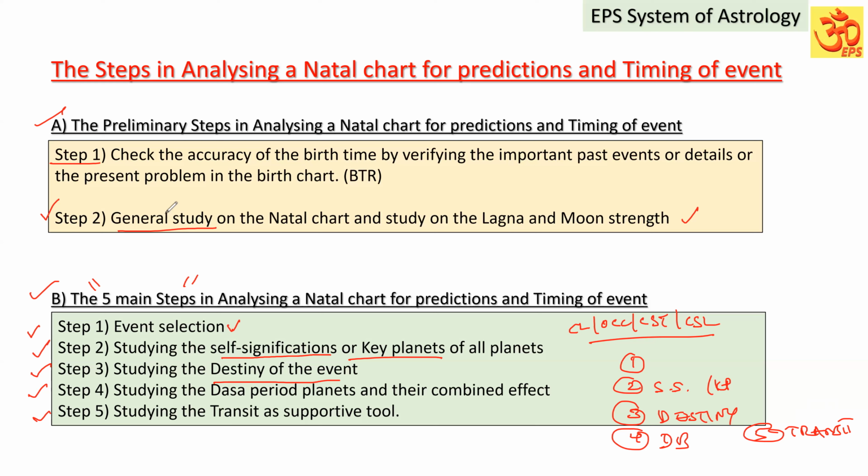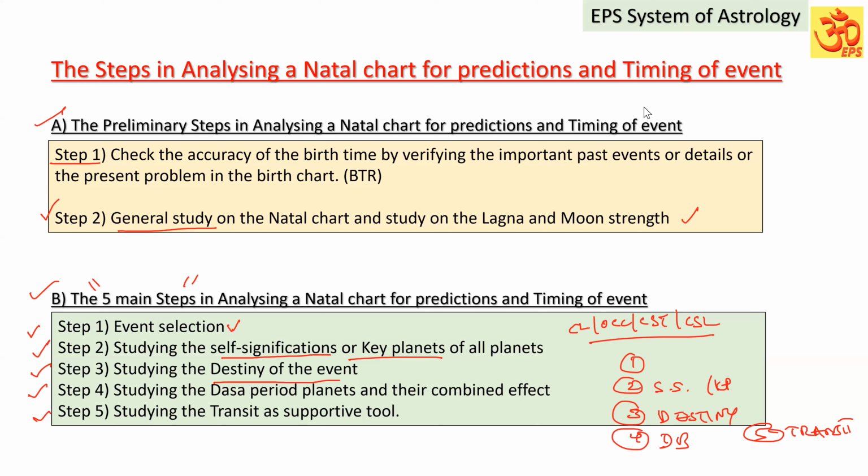So preliminary steps, step 1, step 2. In the main steps in analyzing a chart, five steps are present. In the subsequent parts, I will be explaining in detail about each step. So that will be more useful in identifying the importance of those steps.